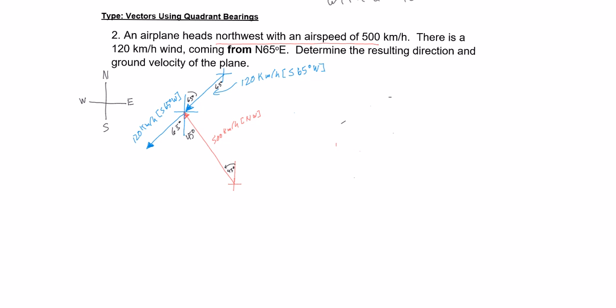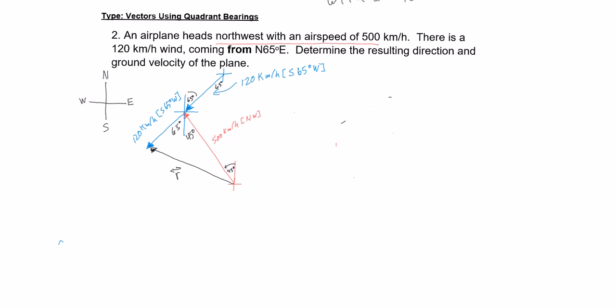So now, in order to calculate our final thing, we have to actually figure out where our start and end is. In this case, our start is here and our end is here for our final vector. So now we're just going to draw that really quickly. And that is our resultant vector.